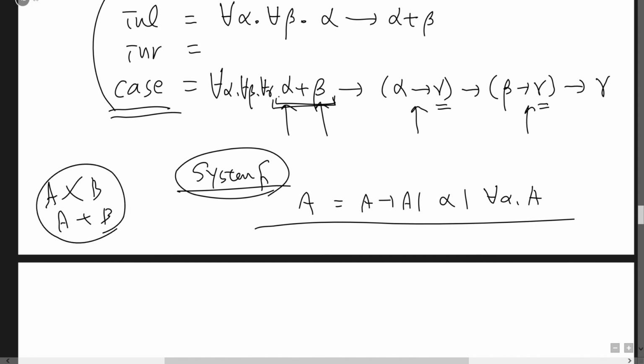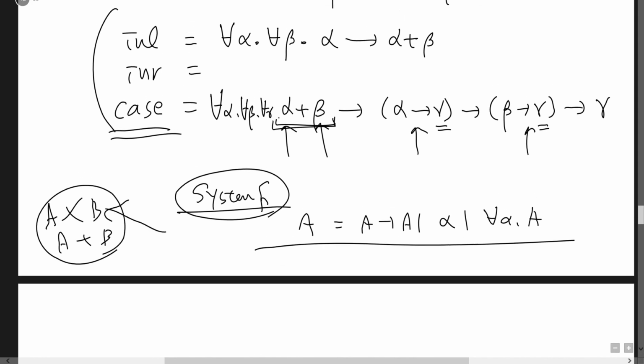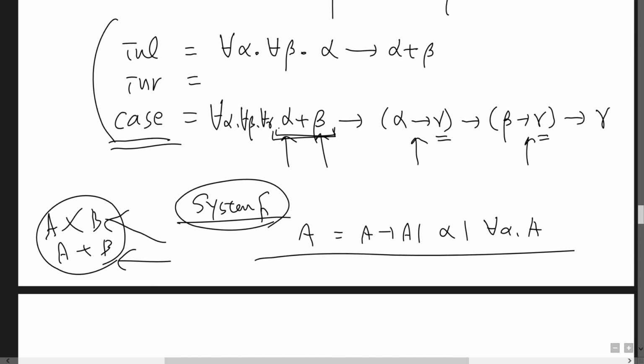But that's not the case. We can encode all these product types and sum types and Church Booleans and numerals by composing these polymorphic types and type variables. So this is how we encode all these familiar constructs. And this is also partial evidence that system F is really rich in its expressivity.